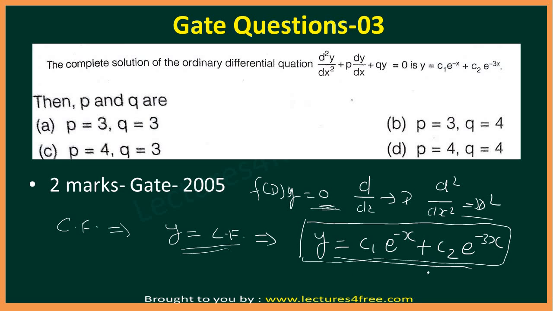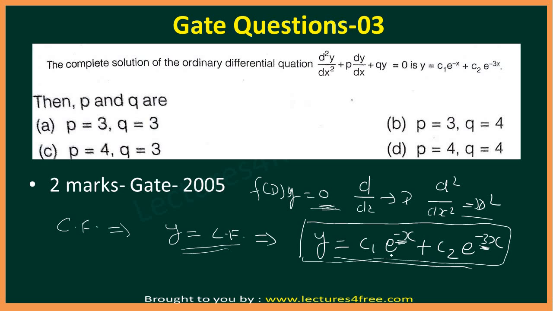As you will observe, the terms here, -1 and -3, are nothing but the roots of the auxiliary equation. So you can get the roots of the auxiliary equation from this answer.